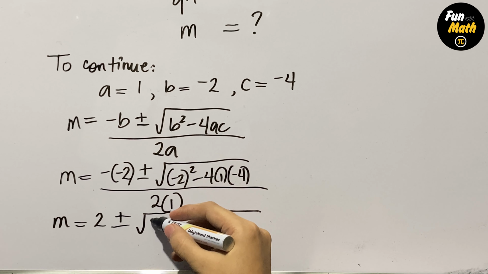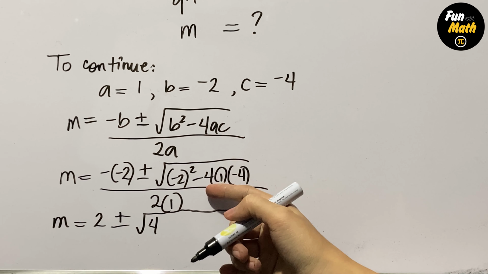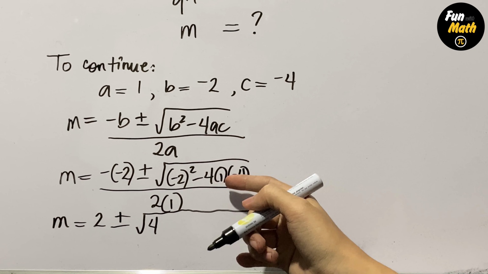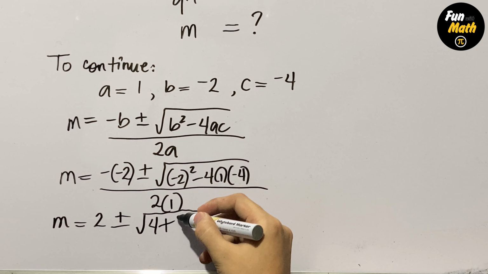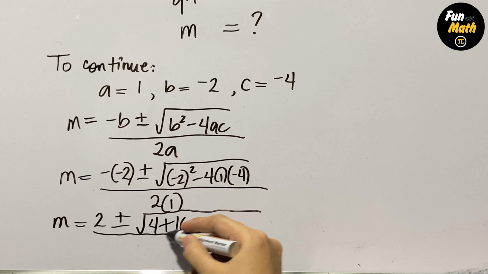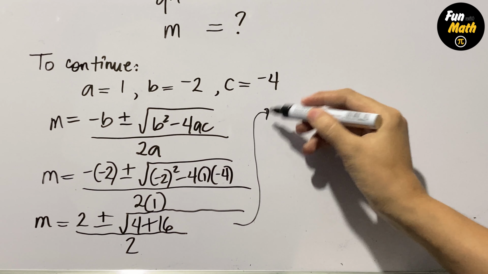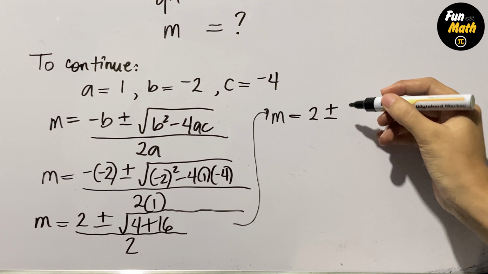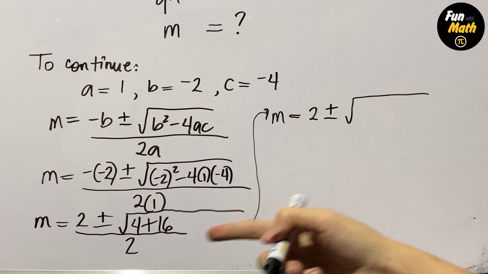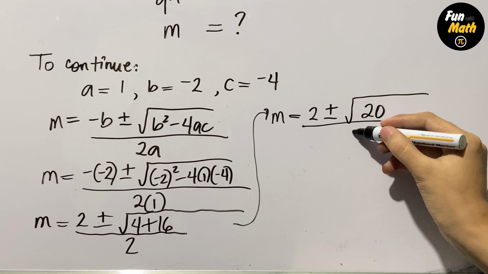-2 squared, that is 4. And then -4 times 1, that is -4. -4 times -4, that is +16, all over 2 times 1, that is 2. And then next is m is equal to 2 plus or minus the square root of 4 plus 16, that is 20, all over 2.